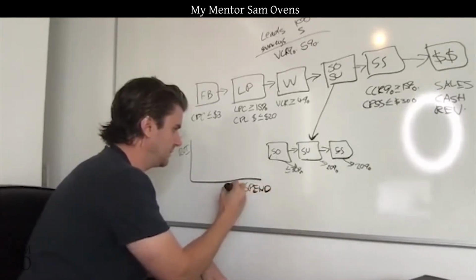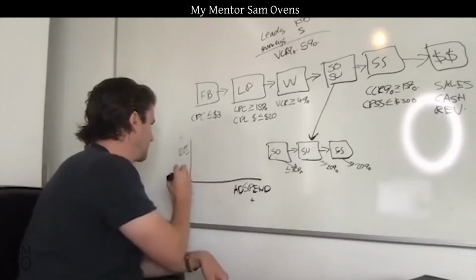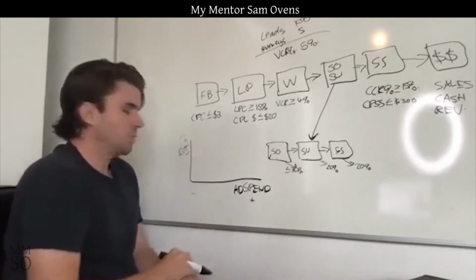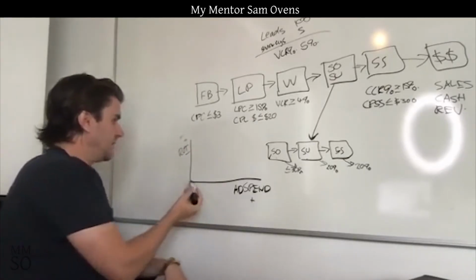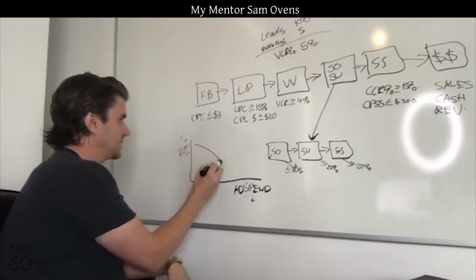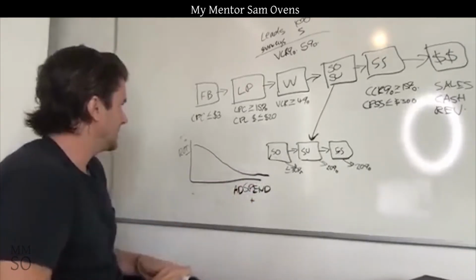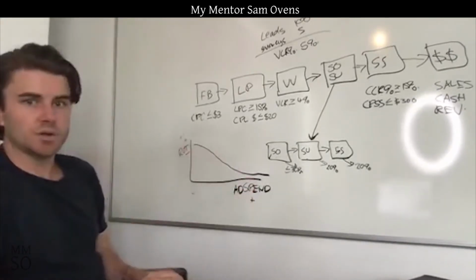Ad spend, and this is positive. Now, what happens is at a small ad spend, the ROI is really high, and it comes down like this. That's kind of how it works.